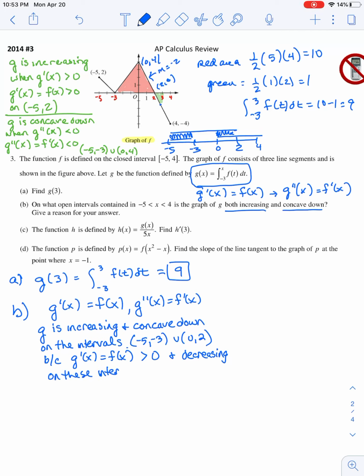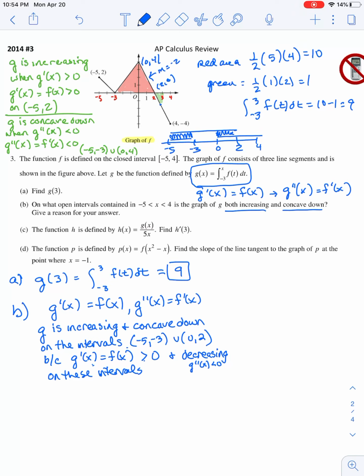Now, you could have said that a little bit differently, but when g prime is positive, we know that g is increasing, and when g prime is decreasing, that means that g double prime is less than 0 when g prime is decreasing.